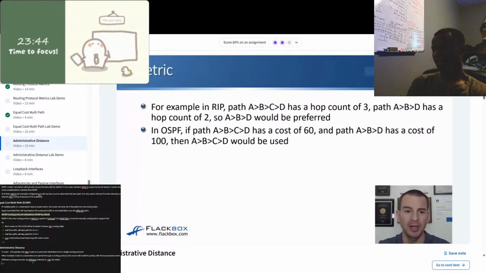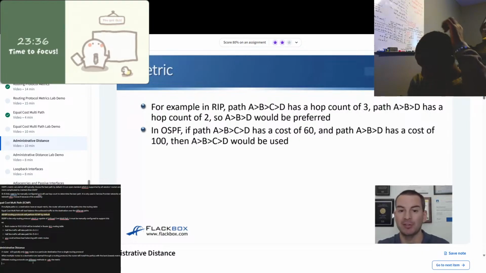For example, let's say we're using RIP as our routing protocol and we want to get to our particular destination, and we've got two different paths to get there.